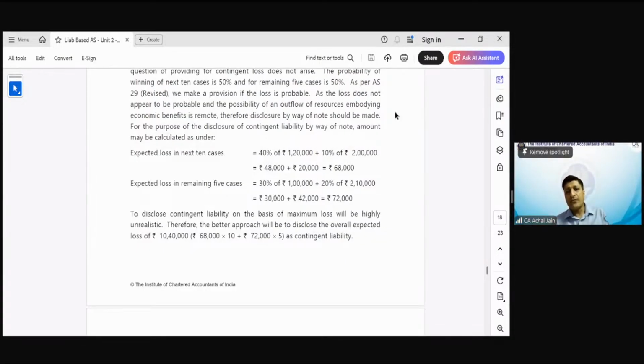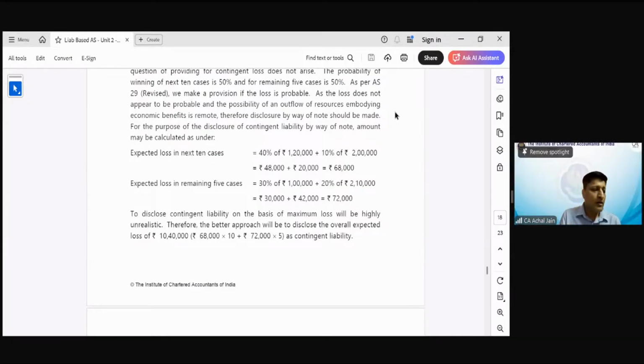So we have 2 contingent liabilities, for 10 cases and for 5 cases. Correct? Now, for the first 10 cases, for each case, what is the amount of contingent liability? 68,000. So for 10 cases, the amount is 6,80,000. For the next 5 cases, for each case, the contingent liability is 72,000, so for 5 cases, it will be the amount that you compute.